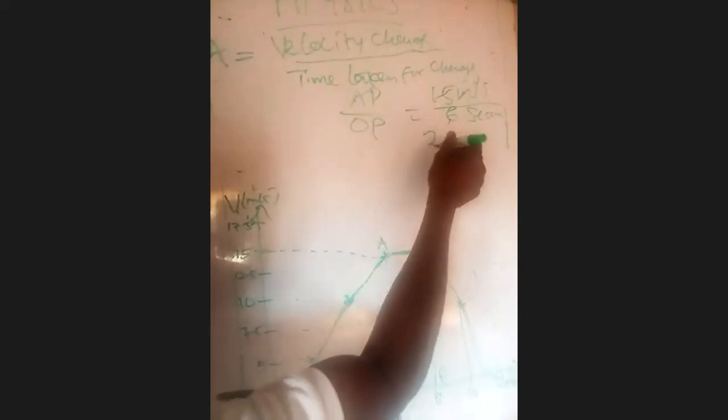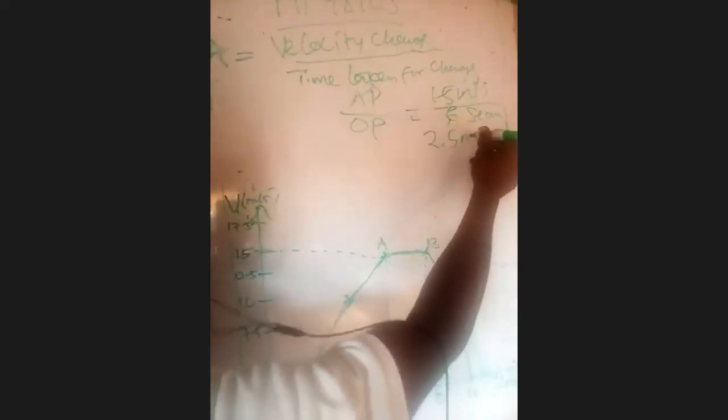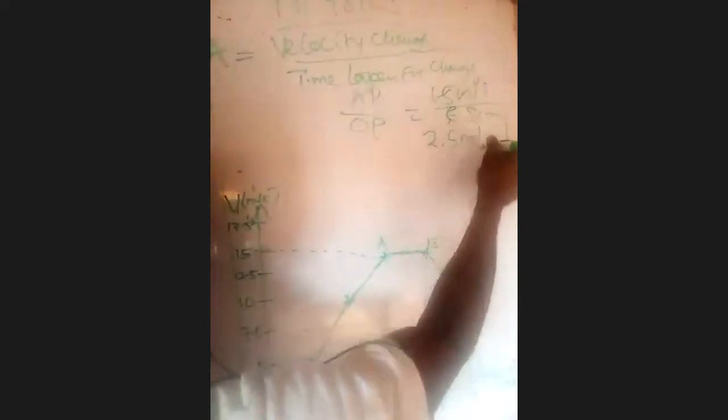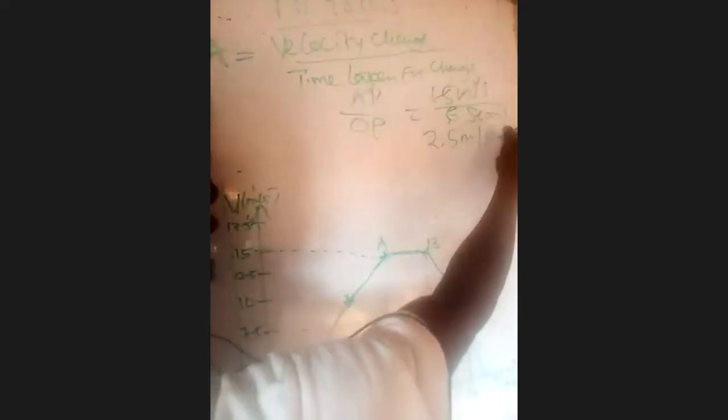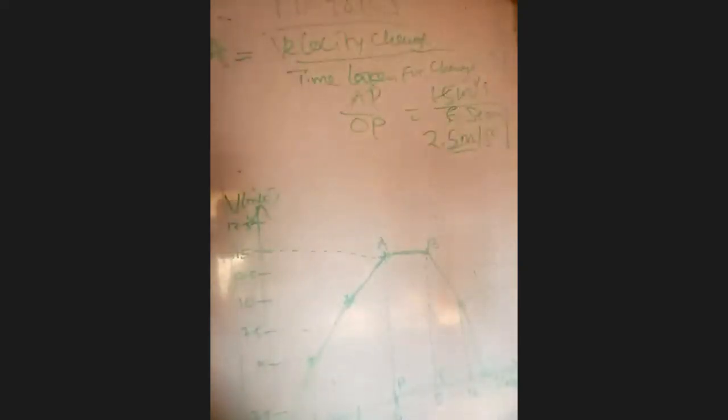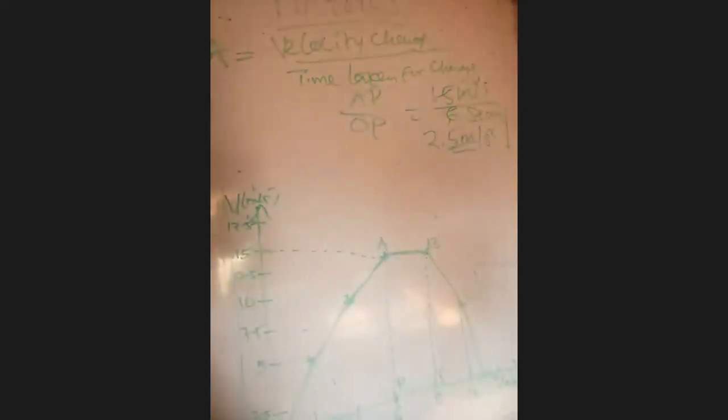And this will give us 2.5 meters per second squared. We are finding the acceleration, so the uniform acceleration along OA is 2.5 meters per second square.